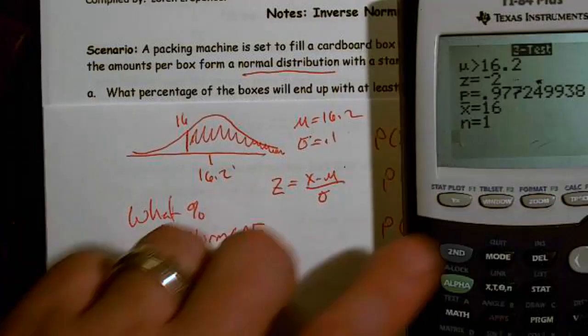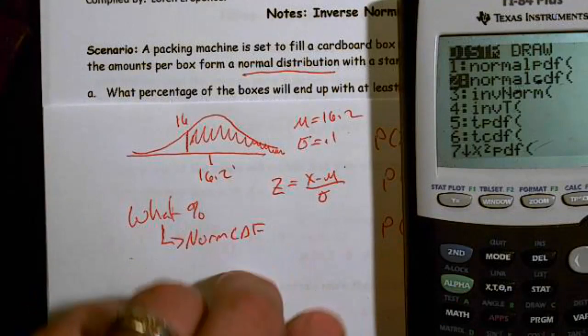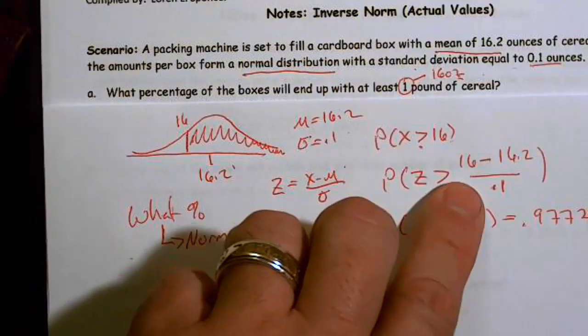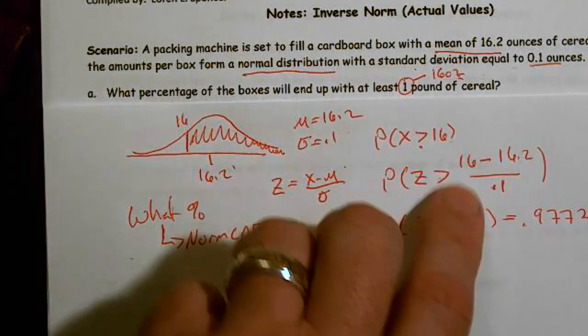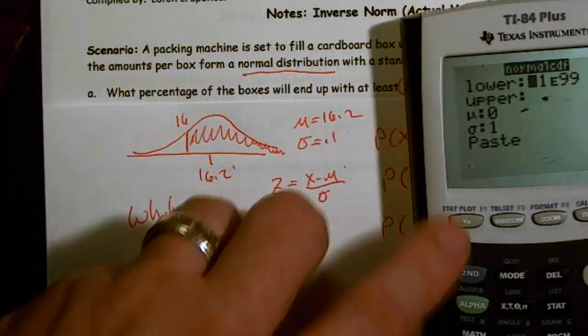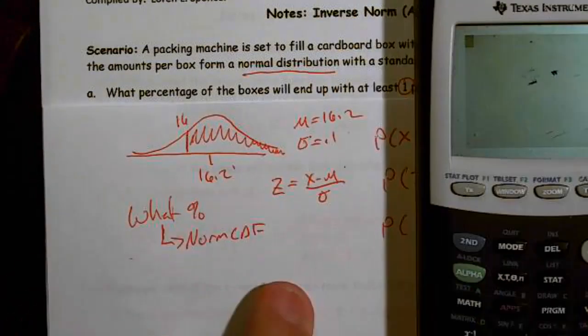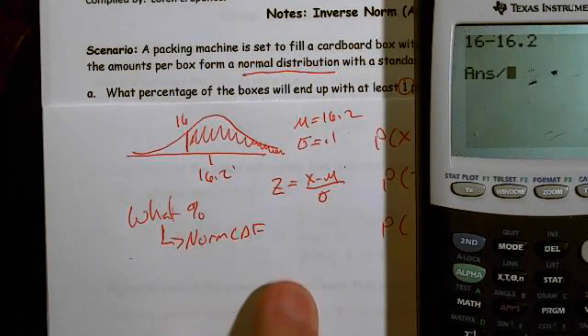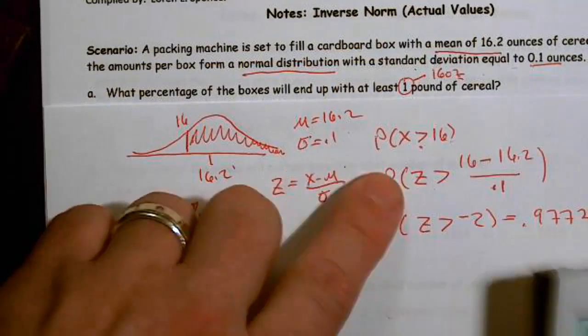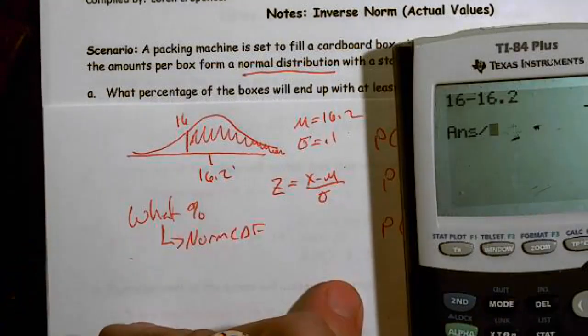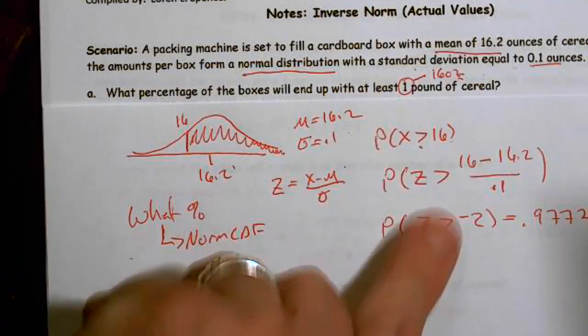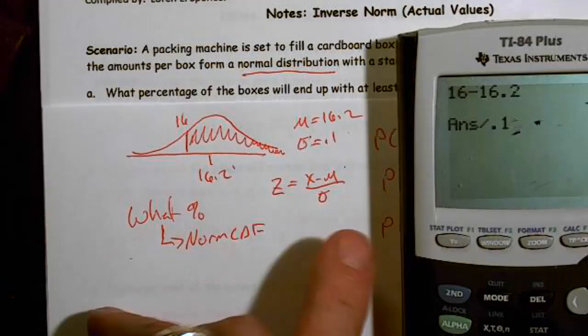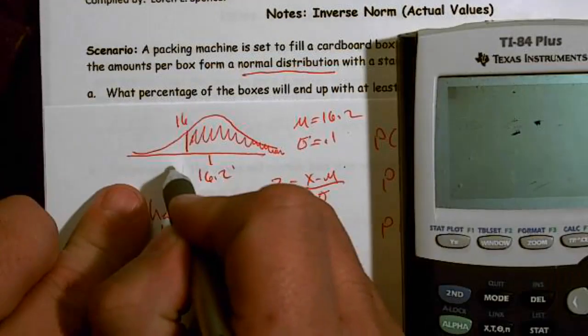Now, if I'd done this with normal CDF, second vars, normal CDF, keeping in mind I need to calculate the Z-score first. So let's go back and calculate it: 16 minus 16.2, divided by 0.1. And I get a negative Z-score, which I've already written down, that's a -2.